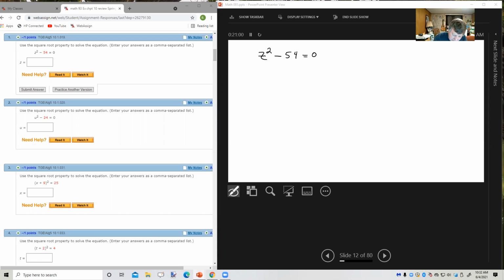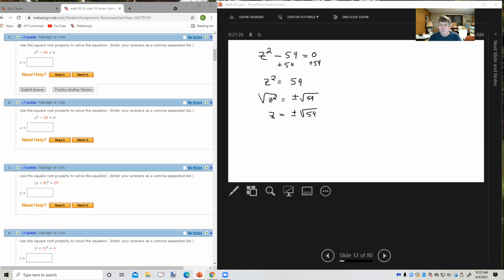So the first thing I'm going to do is add 54 to both sides of the equation, which gives me that. Then I'm going to take the square root of both sides of the equation. Recall that when I take the square root of both sides of the equation, I put a plus or minus on the side with the constant. So plus or minus the square root of 54.